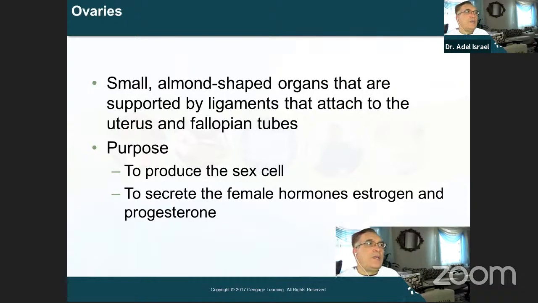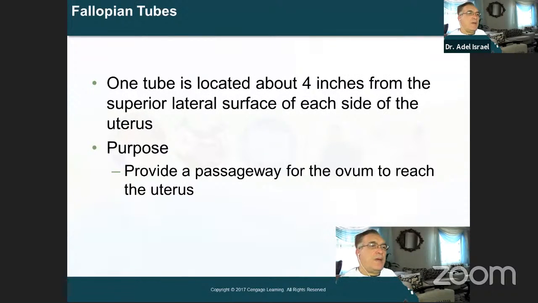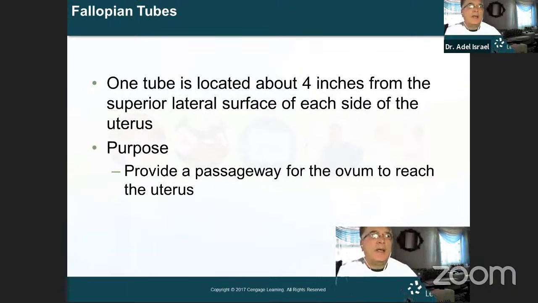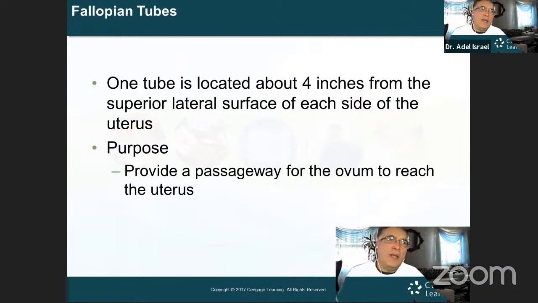We are going today to complete our chapter, and we are going with the following: that we have a fallopian tube, and the fallopian tube is 4 inches from the superior lateral surface of each side of the uterus.